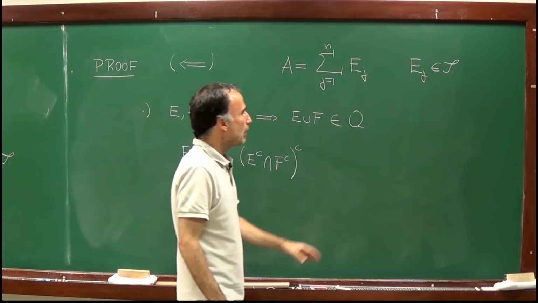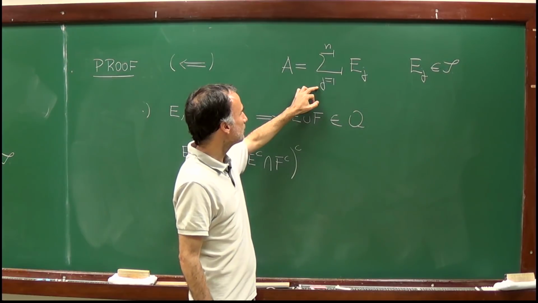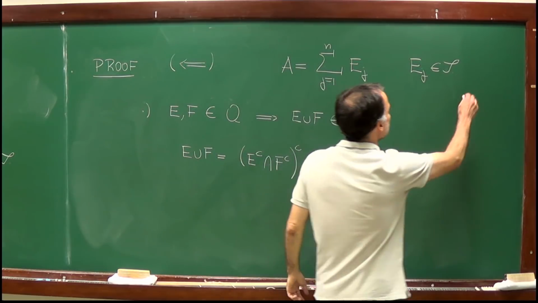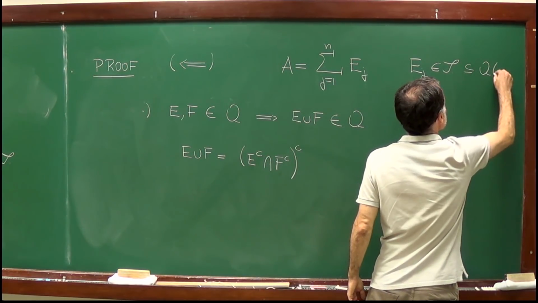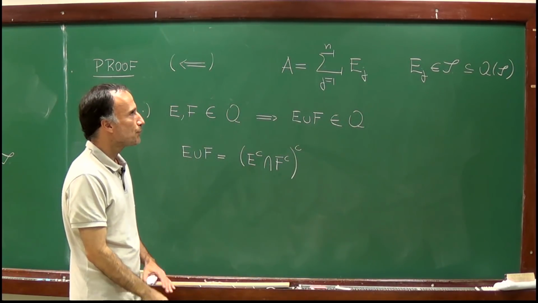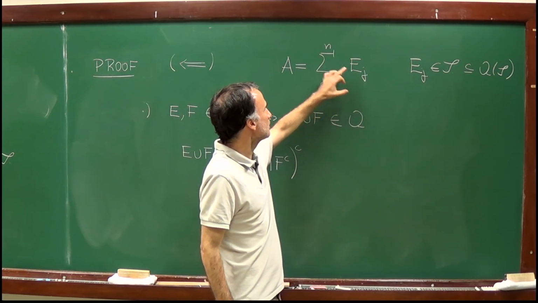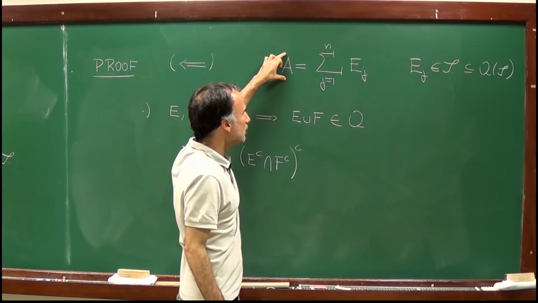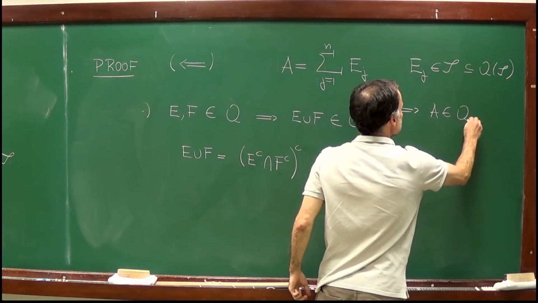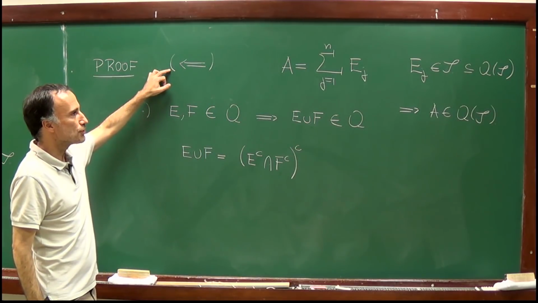Well, let's go back to this claim. I know that A is written as a finite union of elements of the semi-algebra, but the semi-algebra is contained in the algebra generated by the semi-algebra, which means that each of these sets belongs to the algebra generated by S, and therefore the union, and therefore A, belongs to the algebra generated by S. So this is the reverse statement.